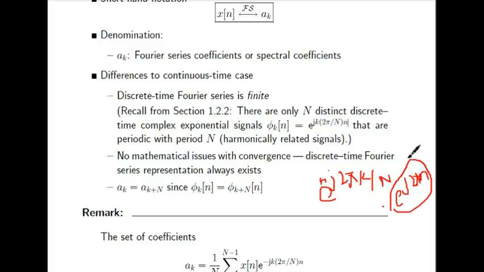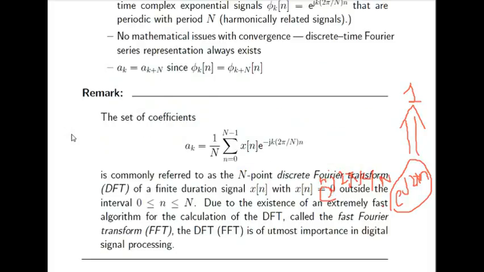This term is always equal to 1. Then phi_(k+N) of n will be equal to phi_k of n.